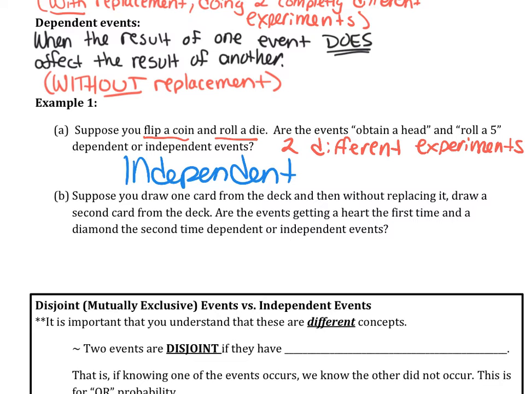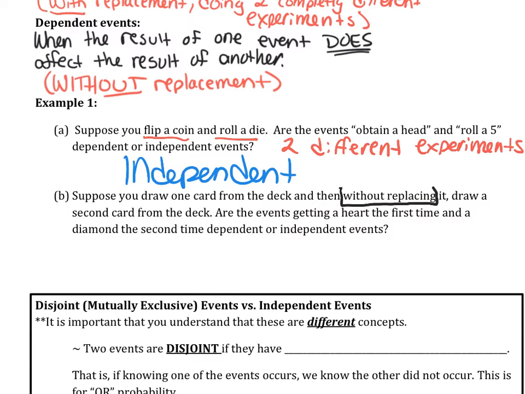Okay, letter B, suppose you draw one card from the deck and then without replacing it, draw a second card from the deck. Are the events getting a heart the first time and a diamond the second time dependent or independent events? So what would this one be? Dependent, because we didn't replace the card.